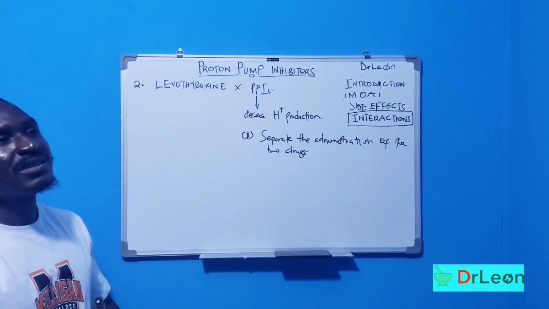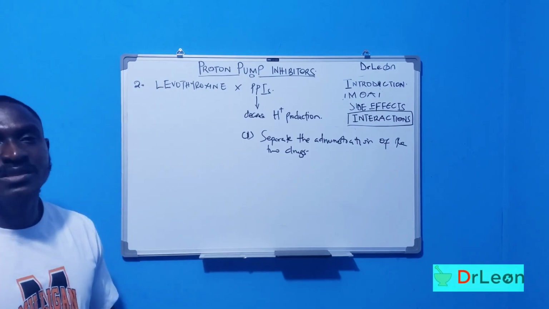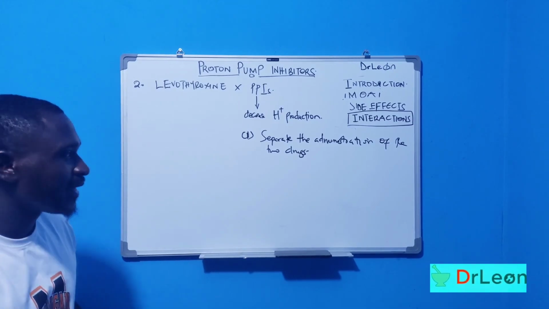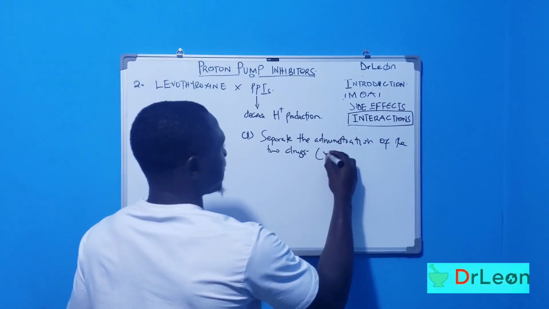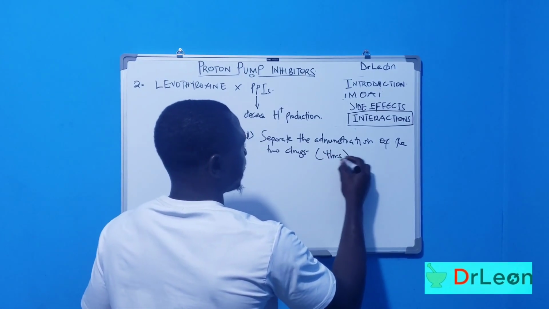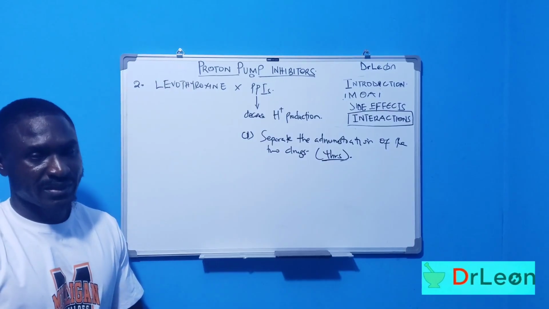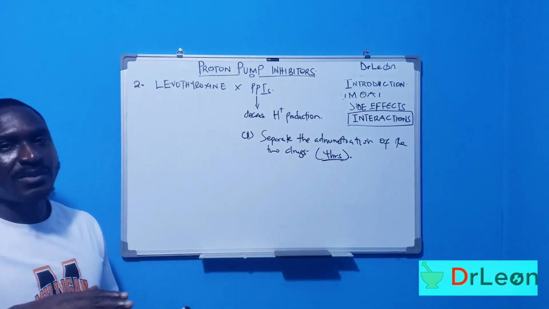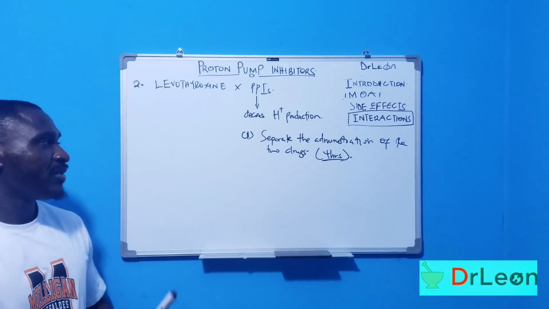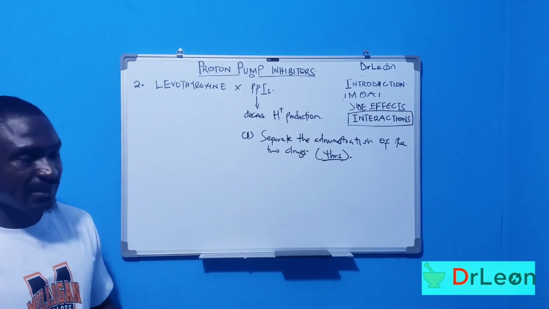Now, levothyroxine is taken on an empty stomach, just as the PPI, so 30 to 60 minutes early in the morning, and then at least 4 hours later, he or she can also take the proton pump inhibitor. Giving that space allows the levothyroxine to be absorbed better than giving the levothyroxine and the proton pump inhibitors together.